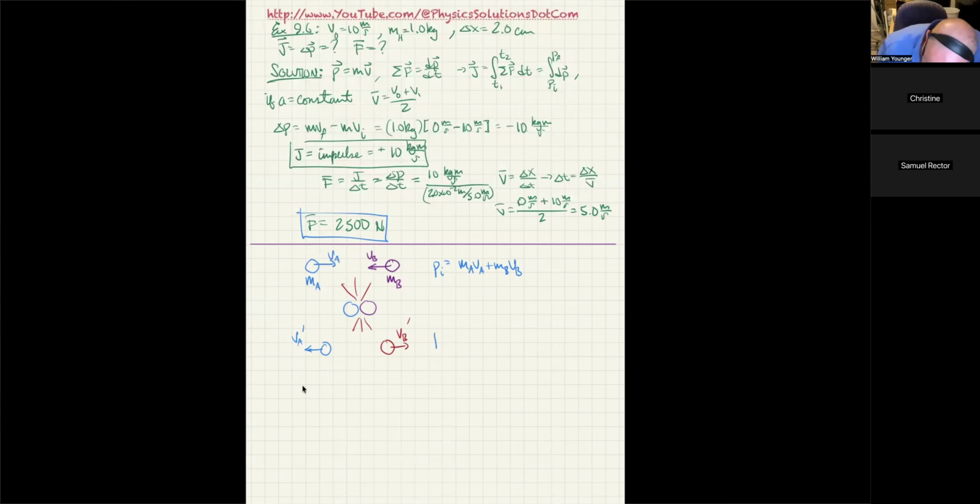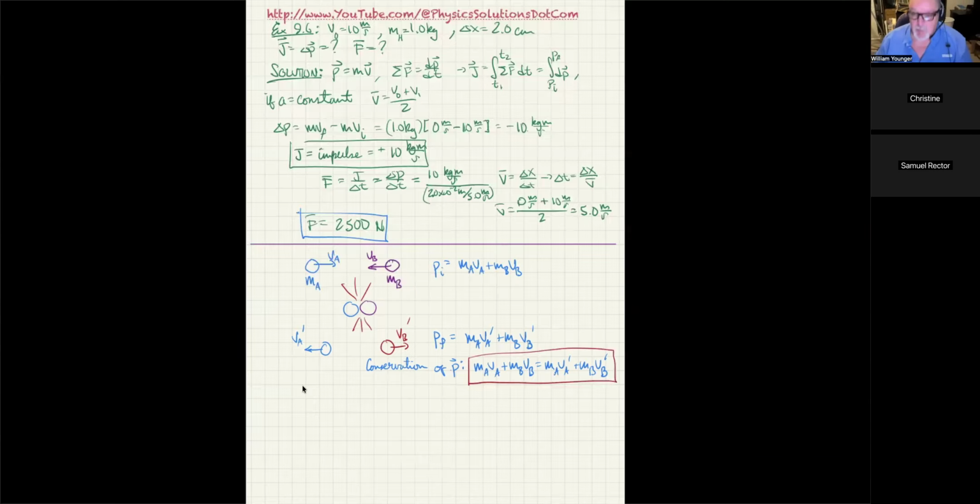The final momentum, P final, is going to be m_a v_a prime plus m_b v_b prime. Therefore, conservation of momentum is m_a v_a plus m_b v_b is equal to m_a v_a prime plus m_b v_b prime. That is our equation, at least in one dimension, for conservation of momentum.